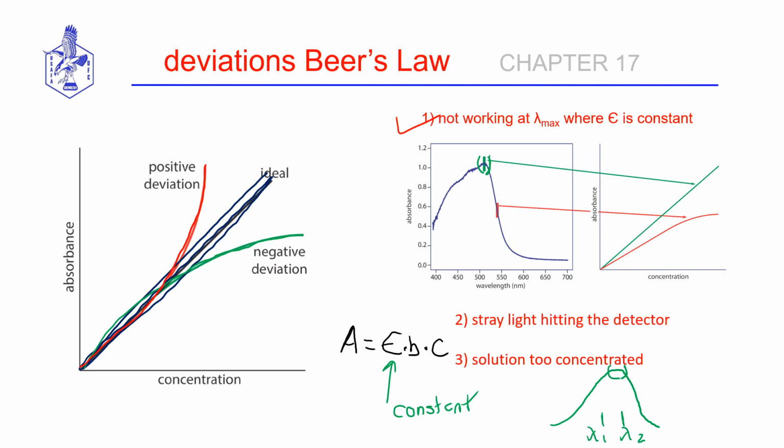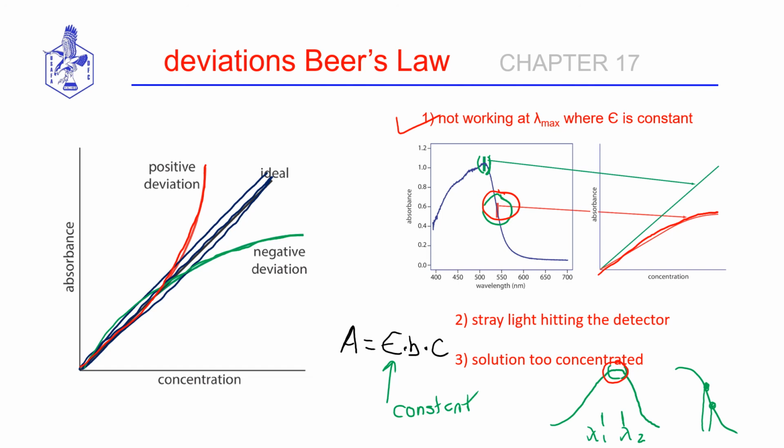However, if you are on a shoulder, down here, then the extinction coefficient here versus here does vary substantially. So the assumption that those are constant is no longer valid. This will cause this deviation from Beer's law if you're working on a shoulder as opposed to the top of the flat absorption band.